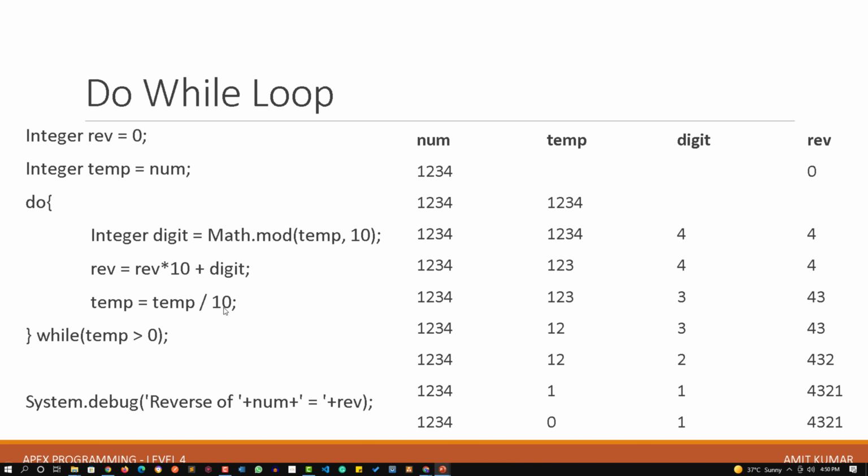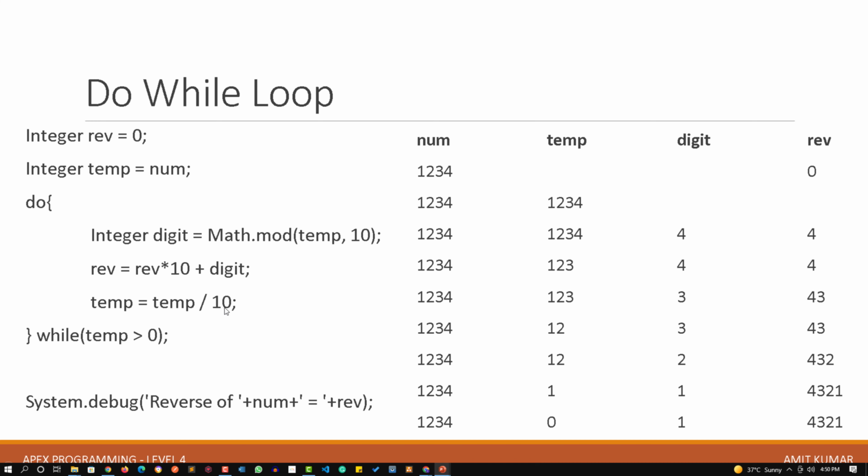When temp equals temp divided by 10 takes place, temp will change to 1, which is definitely greater than 0, so the condition is still true, and this time 1 is divided by 10 for the remainder, and hence digit will be assigned 1. By that time rev is already 432, so 432 multiplied by 10 will become 4320, added with 1 will become 4321.